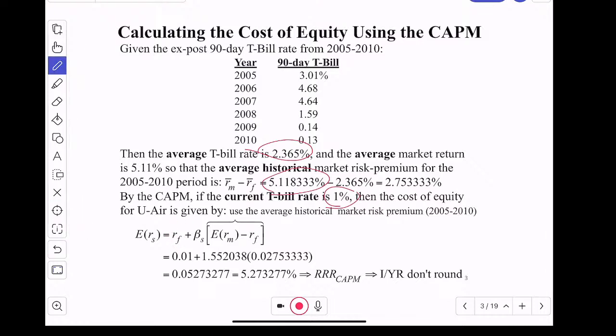And that's because there's been so much change over these years that I'll be more comfortable using the current T-bill rate than to base it on all this historical data that's quite volatile, really.